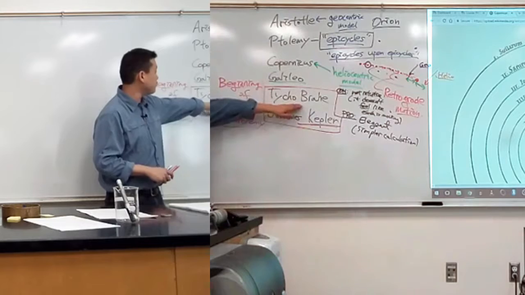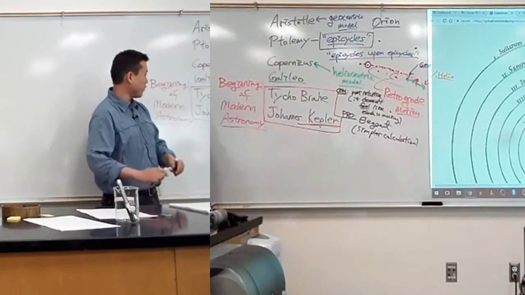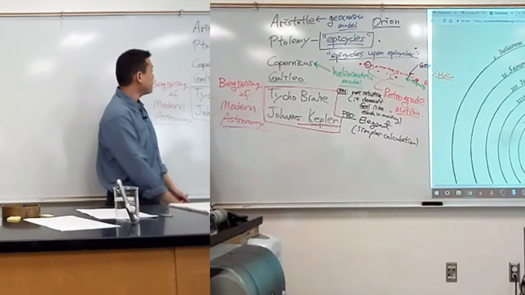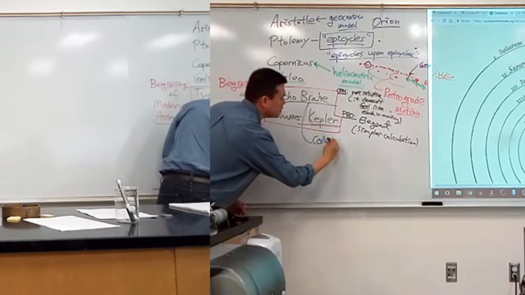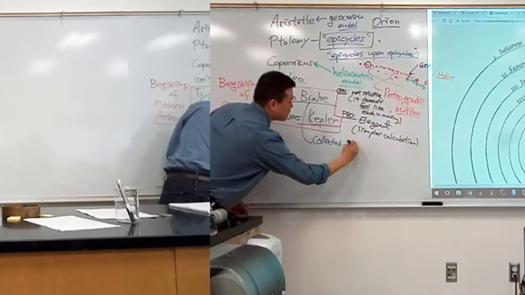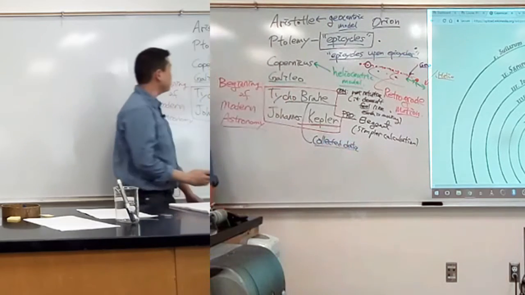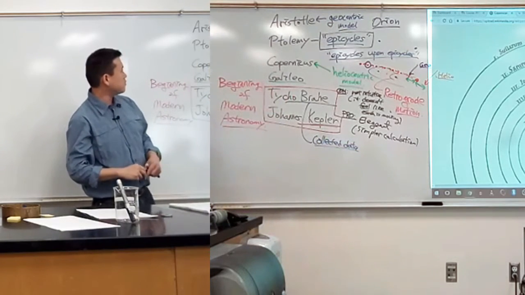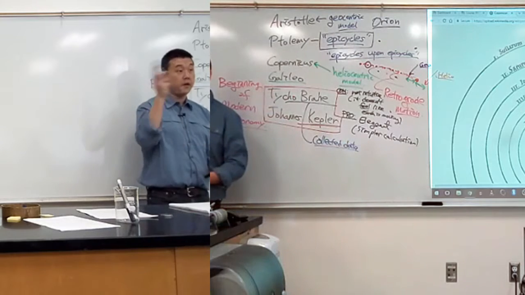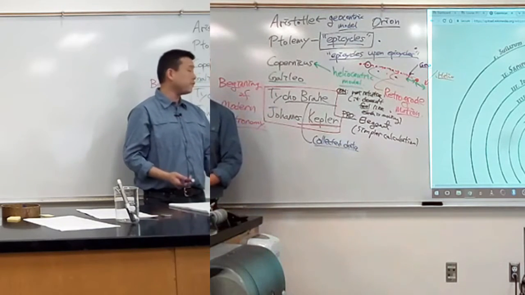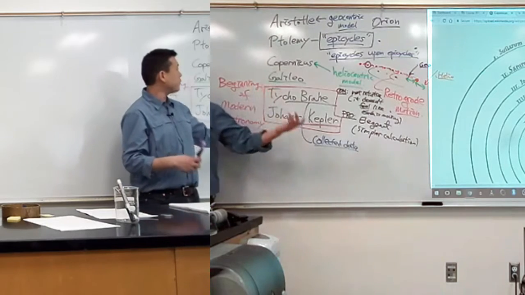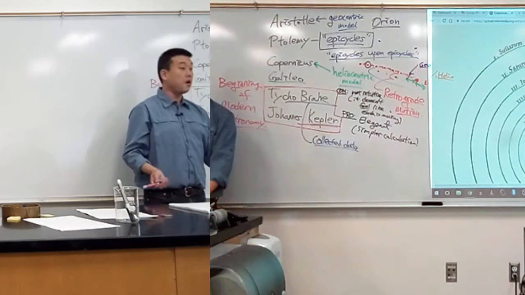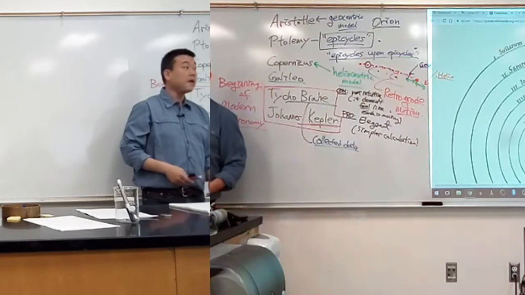So Brahe set out to do this, I think from some royal grant, and he is the one who collected the data. He set up an observatory, and I don't think he used any telescopes. He just made the observations with his bare eyes, and he kept a very careful record for something like 10 years. He recorded, for example, the position of Mars over a long duration of time.